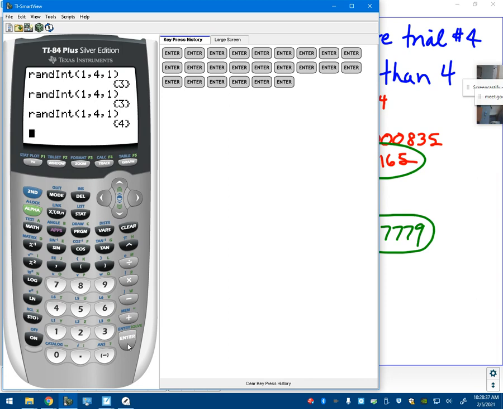M&M's and Swedish Fish. Thank you. Anybody else want fish? That's what it is.